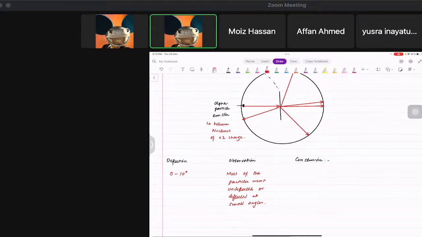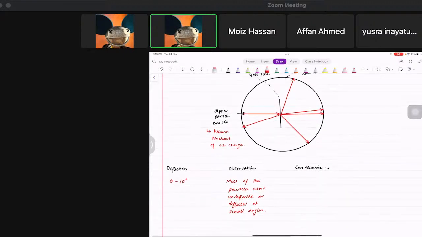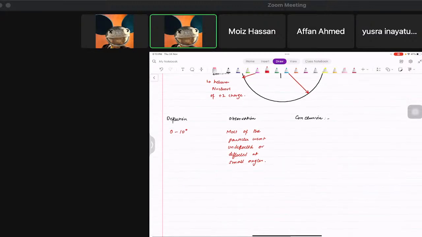Then we had those particles which went at large angles, from 10 degrees to 90 degrees.